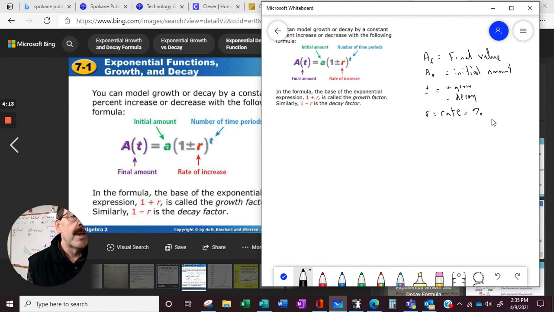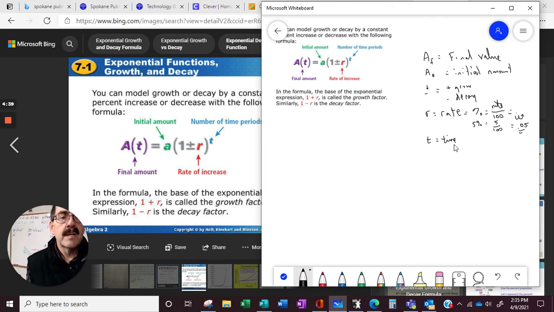So you have to remember, you take the rate and divide by 100 to get the decimal version. Move the decimal over 2 places. For instance, 5%, 5 over 100 equals 0.05. And we have t for time.